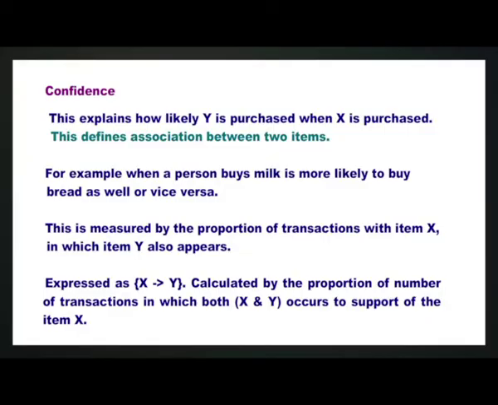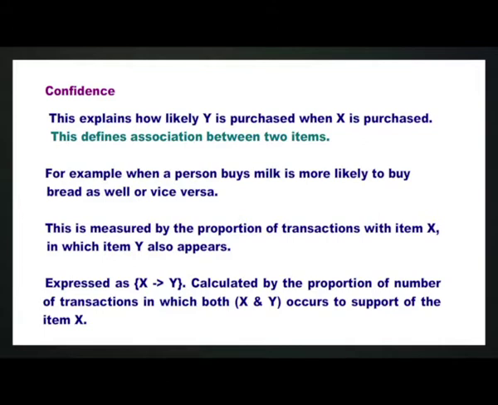The next factor related to association rule mining is confidence. This explains how likely Y is purchased when X is purchased. This defines the association between two items. For example, a person who buys milk is more likely to buy bread as well, or vice versa.